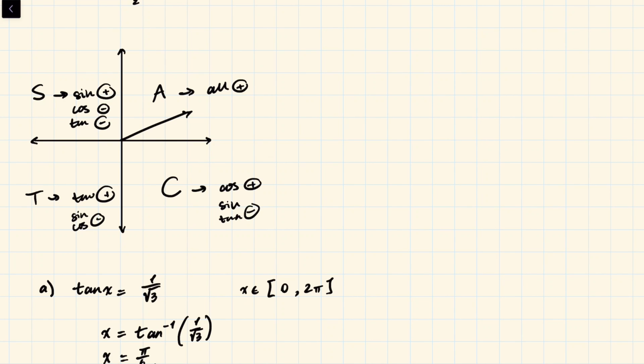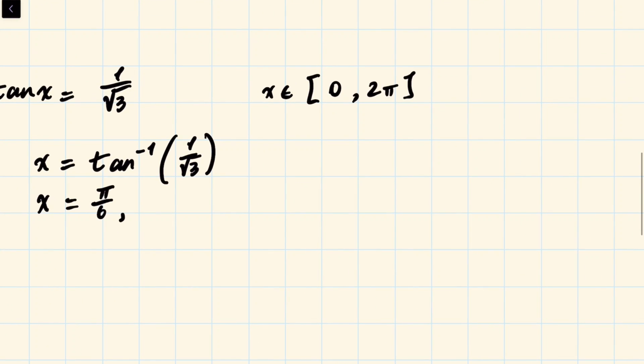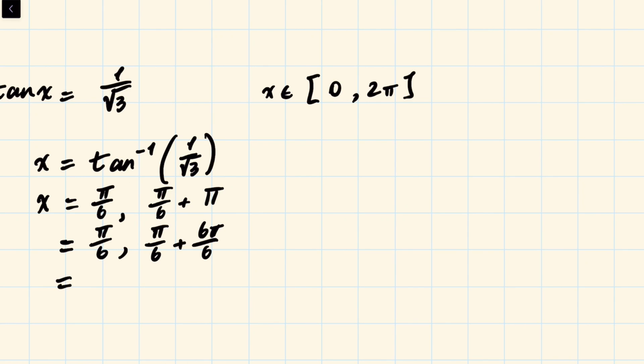Okay. So, keeping that in mind, we also know that the answer to this could be pi over 6 plus pi. But we don't want to keep it like that. So, pi over 6 plus 6 pi over 6, because that's just pi.